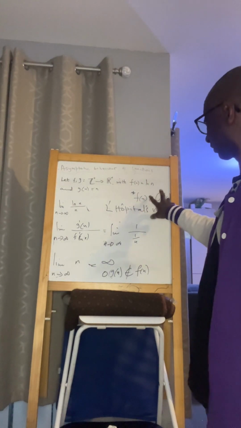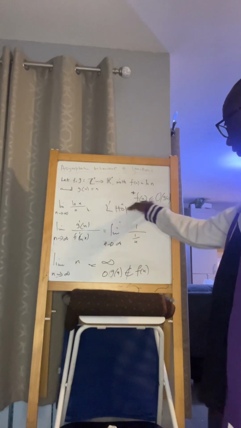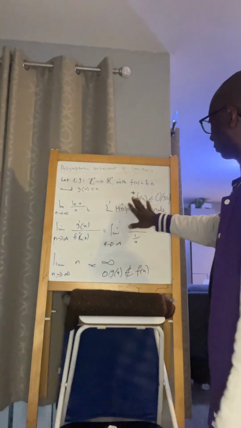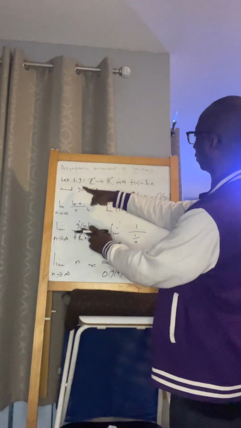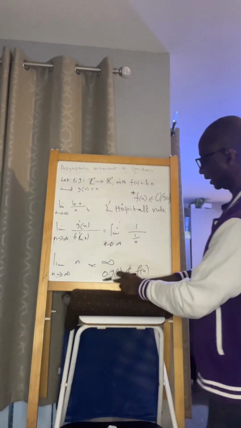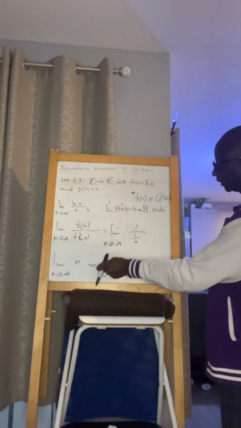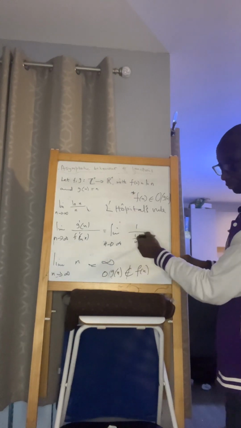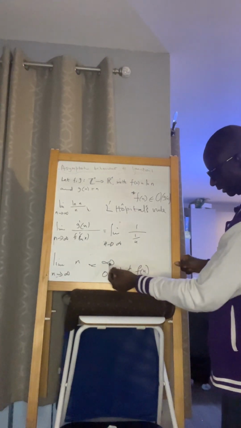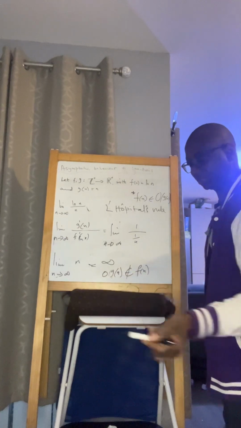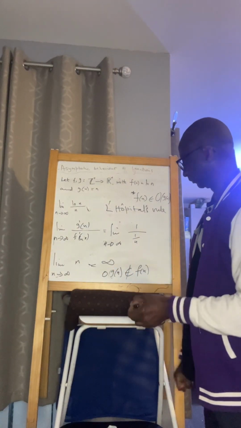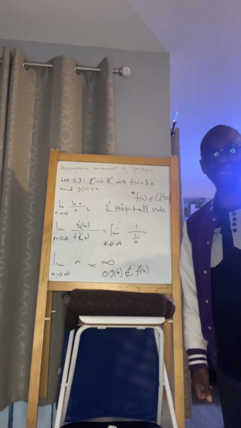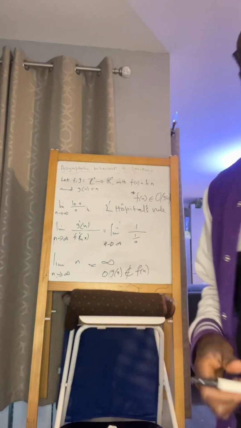So the reverse is not true. Go this way, f of n is in big O of g of n. Now when we change the functions, it's not possible because we're getting infinity. Before we got 0, a finite number. Now we got infinity, a big number. We don't know what the number is, it's just a big number. So then g of n is not in big O of f of n. So we'll stop here. Thank you for watching.